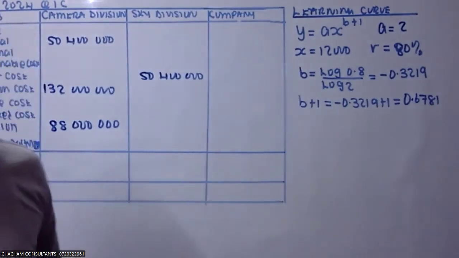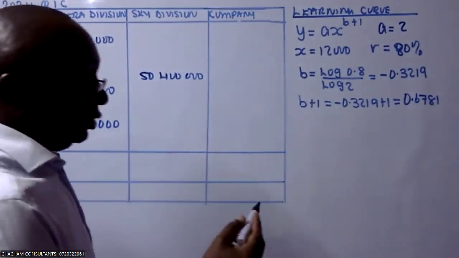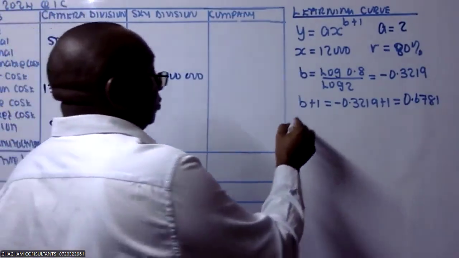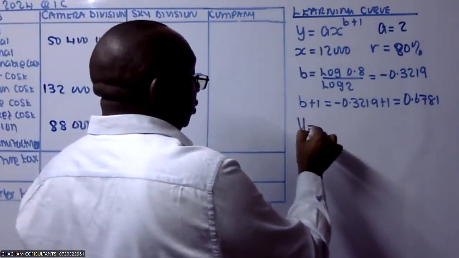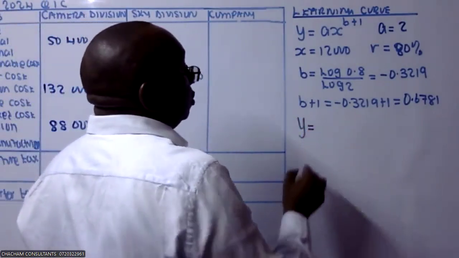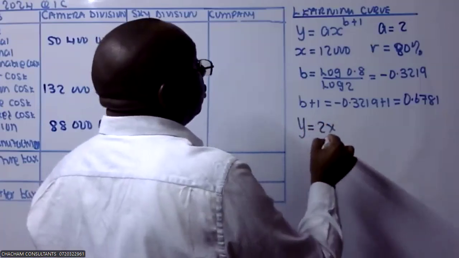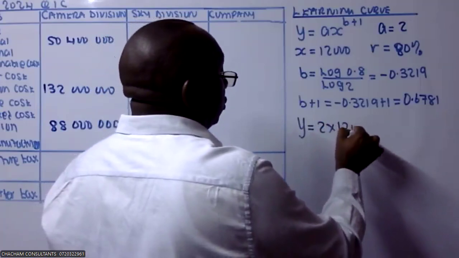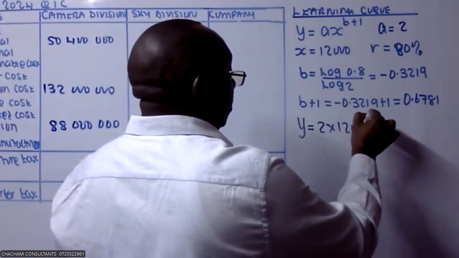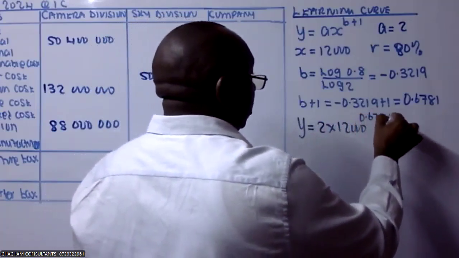So with that, I will now need to get the total time. Y should be equal to 2 times 12,000 raised to power 0.6781.